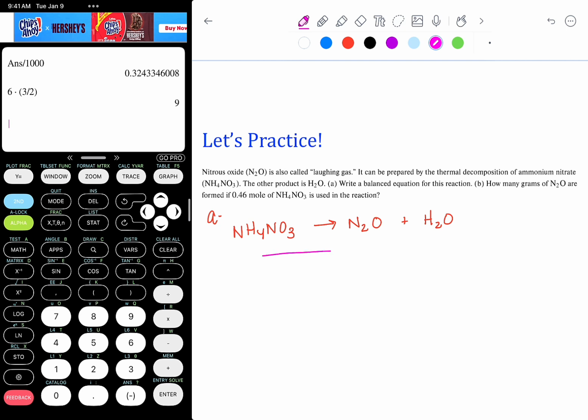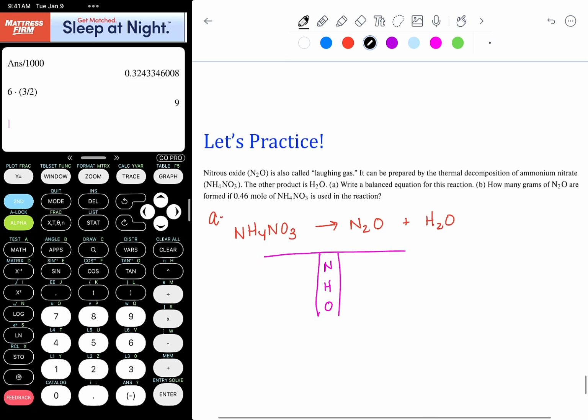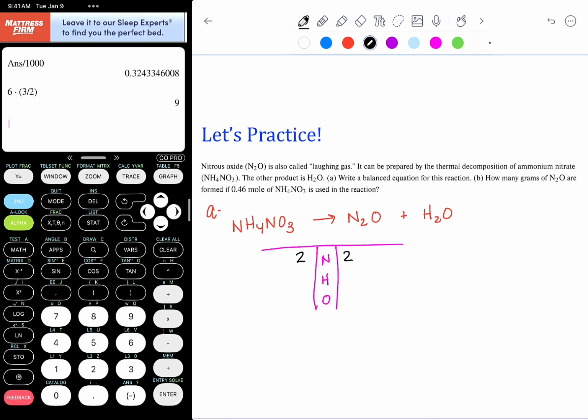So we can balance this now. Just like our previous example, ammonium nitrate is made up of 2 polyatomic ions. Because those polyatomic ions are decomposing into 2 different products, we're not going to keep them together. So we're going to have nitrogen, hydrogen, and oxygen as individual elements in our balancing. So nitrogen, we have 2 on either side. Hydrogen, we have 4 on the reactants and 2 on the products.